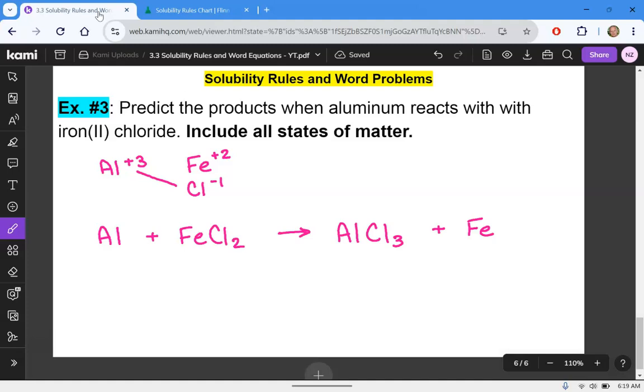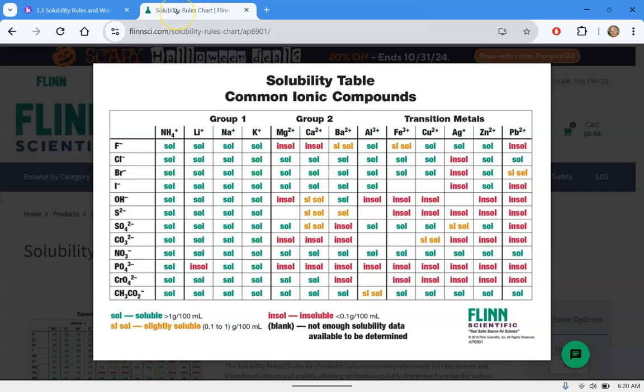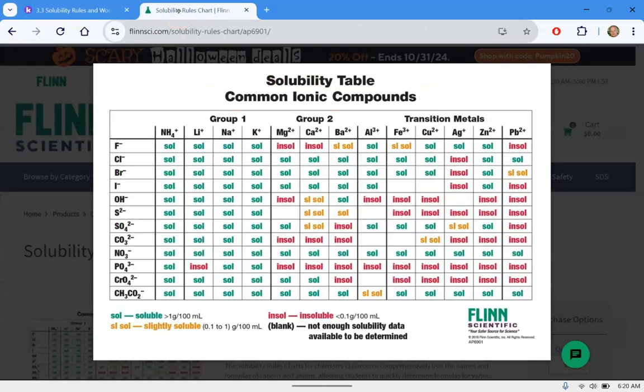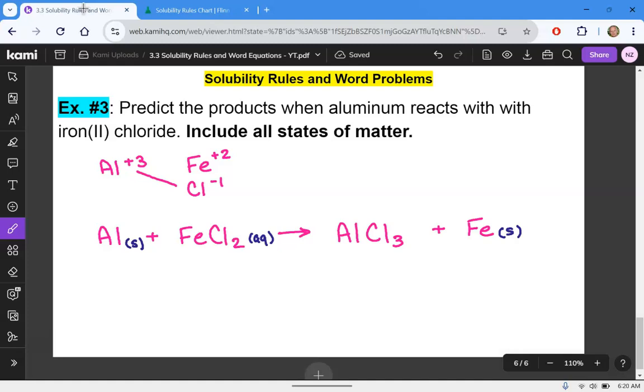Aluminum and iron are both metals, so I'm going to write that they are solid. Let's go look at our chart here. So here's iron and chlorine. It says soluble, so that will be aqueous. Aluminum and chlorine, it says soluble, so that will be aqueous. Okay, so there are our states of matter.